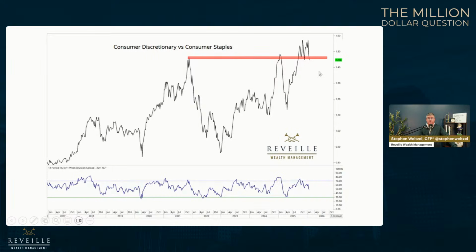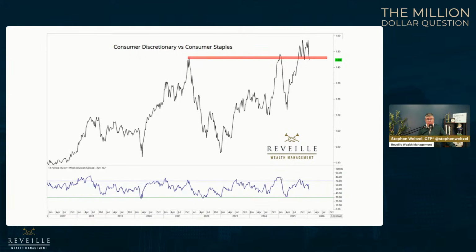We would look for that to come back lower. Again, check out the bearish divergence in momentum there, right? The last time price was at this level, which would have been early 2025, how many people would have been positive on the discretionary stocks versus the staples? How many of them are still raising their hand?